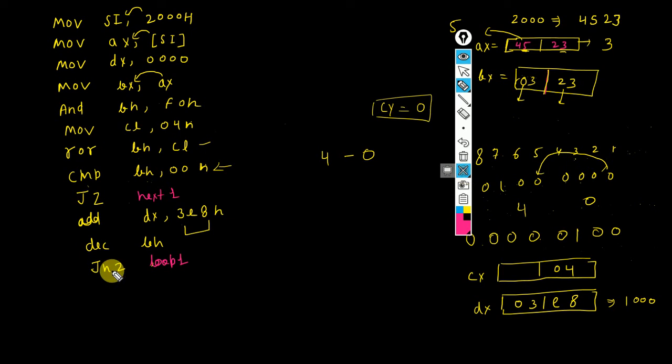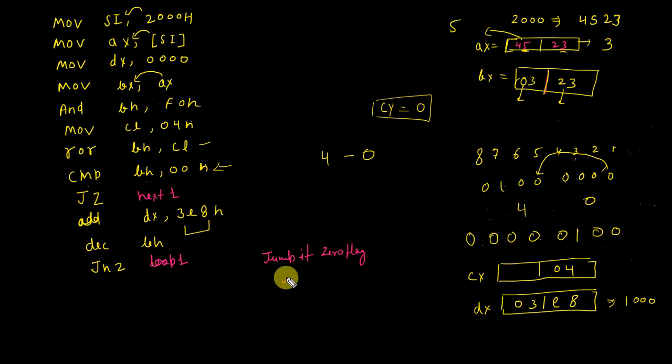When we execute JNZ, it means jump if zero flag is cleared.